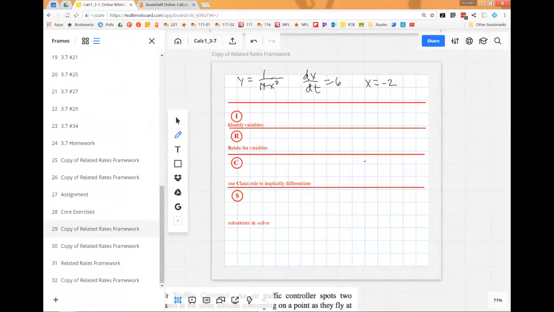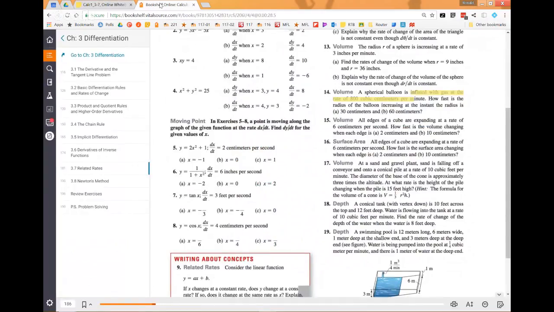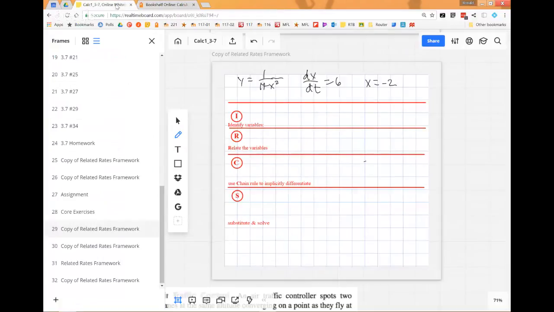Okay, so we've got our variables x and y. And what are we supposed to find? If you look up on top, it says find dy/dt. So let me write that down. dy/dt, that's what we're looking for.